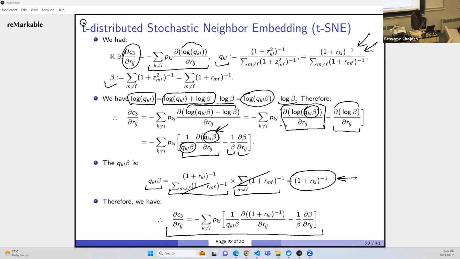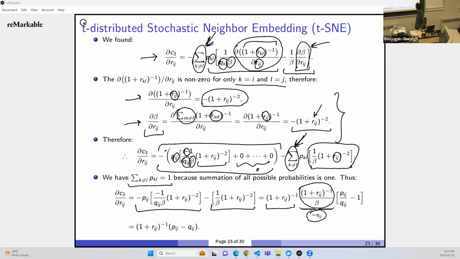Recall this. It's exactly Qij. So this Qij is cancelled with this Qij here and also multiplied to this one. Therefore, it's simplified to this.